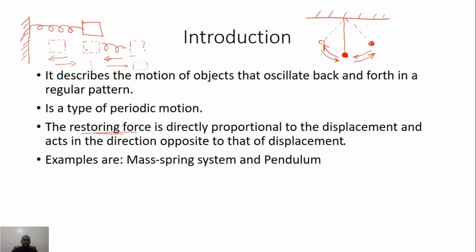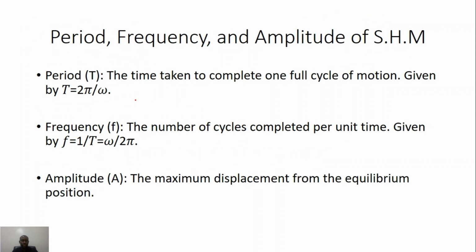But because the body, when it reaches this position, is already moving at a velocity v, it tends to overshoot this equilibrium position such that it moves in the opposite direction and reaches the extreme here, compressing the string to its new amplitude position here. Okay, so this is what simple harmonic motion is, and this is what drives it.